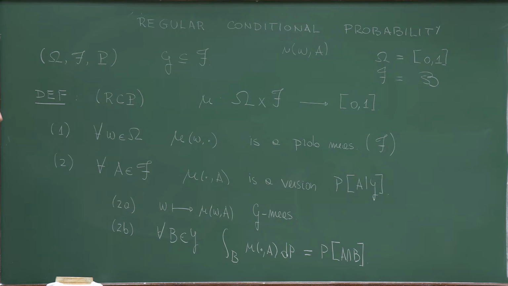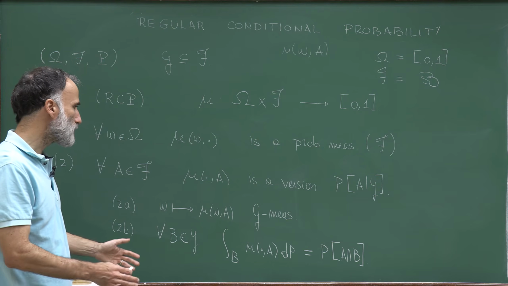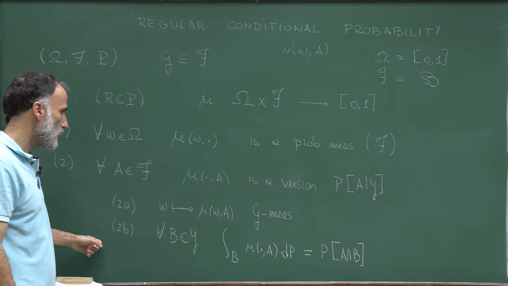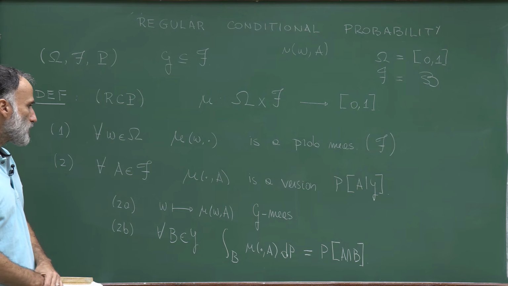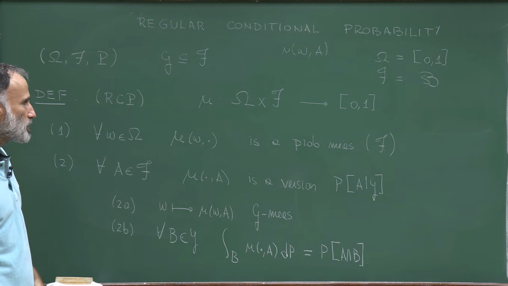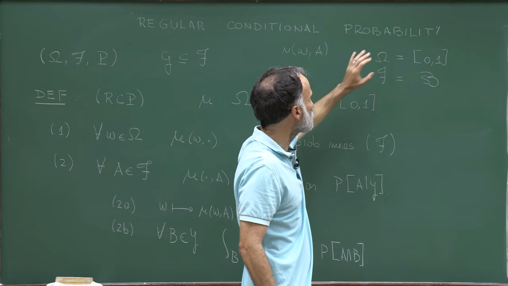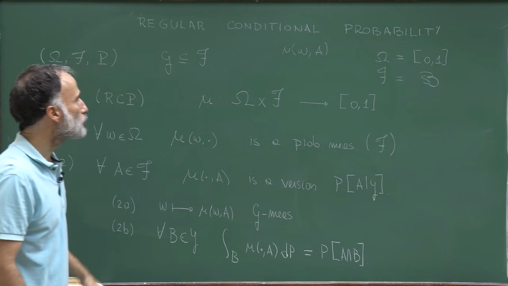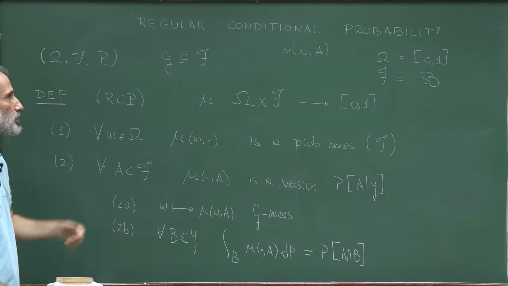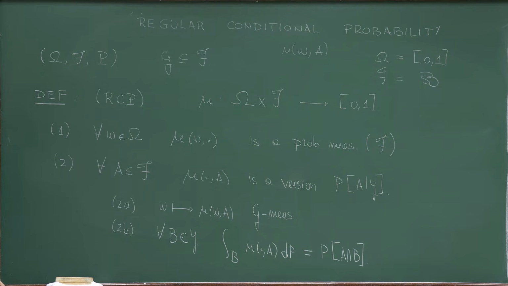So the lecture is divided in two steps. First, I will derive a brief consequence of the definition of this regular conditional probability, and then I will restrict myself to this example and prove that in this example there exists a regular conditional probability.